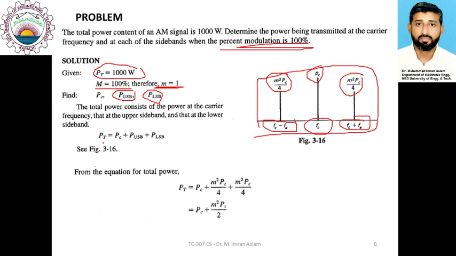And we know that the total power is actually the sum of these three power components: carrier power, upper sideband power, and lower sideband power. So if we substitute this value, because we know this total power is 1000 watt, this 1000 watt power can be written equal to Pc plus mu square Pc by 2.